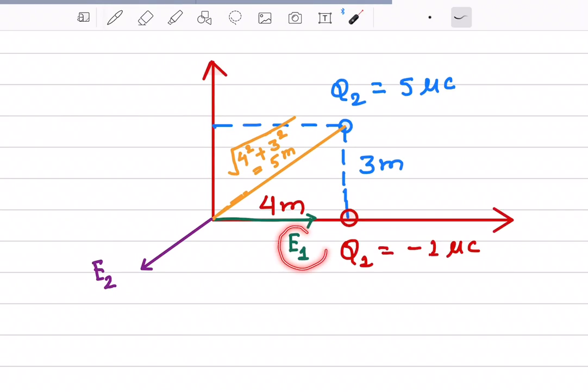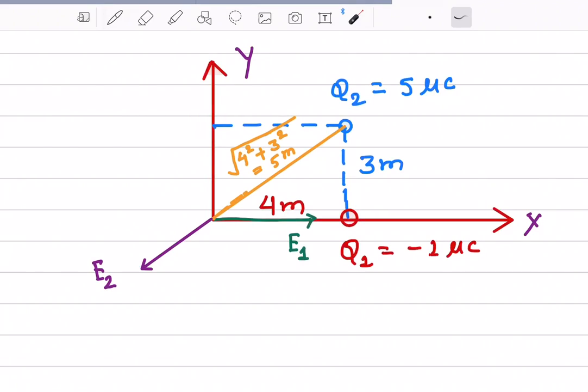I'm calling this E2. Now you can look at it: E1 has only an x component. This is the x-axis and this is the y-axis. E1 has only an x component, but E2 is at some other angle, so it has two components.